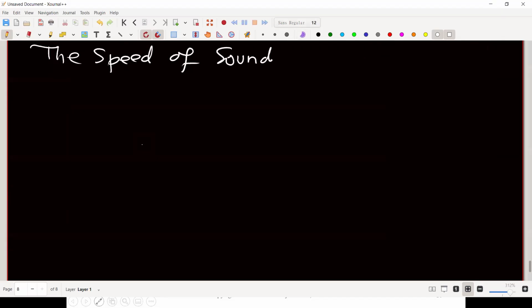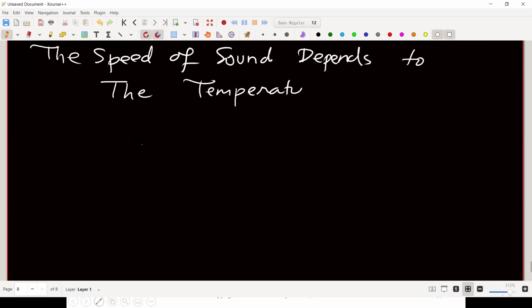It means that we can calculate the v here is around 331 meters per second. This one is the standard velocity of sound.